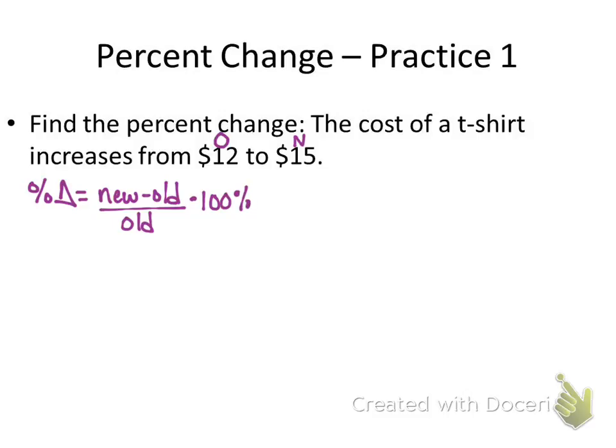You gotta write that every time. The thing that you're going to have to write out every single time is what I'm going to write in the blue, okay? So this is what you're going to have to write out every single time. The reason why I rewrote my formula is because I don't have it on the top of my note page. You guys do. So every single time you go to solve percent change, you're going to write your percent. You're going to write your triangle for delta meaning change.